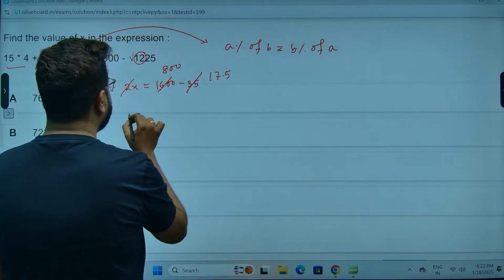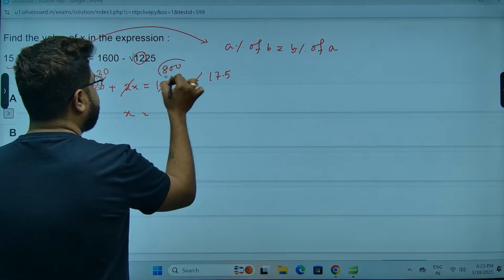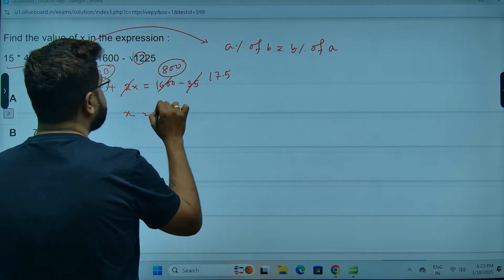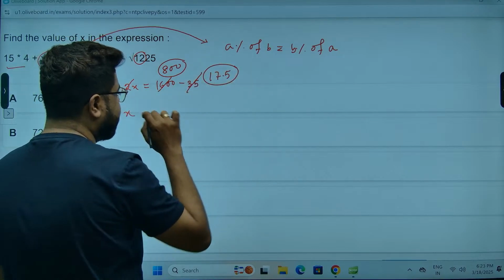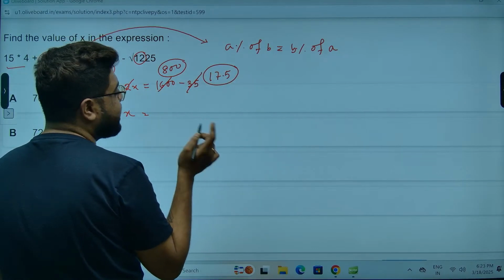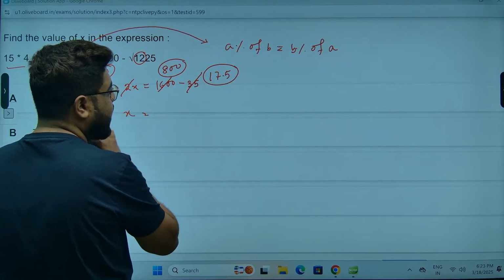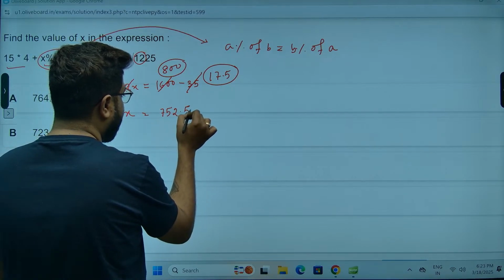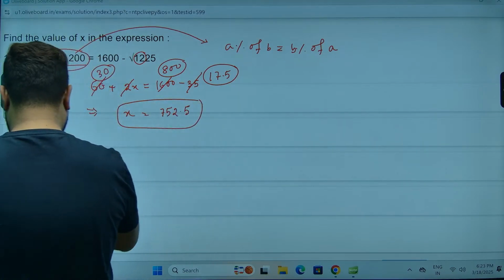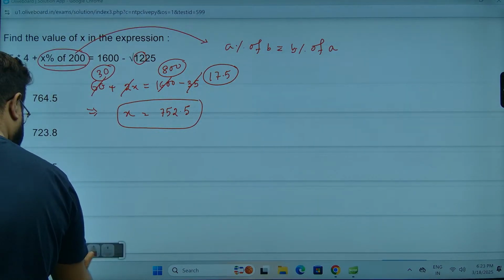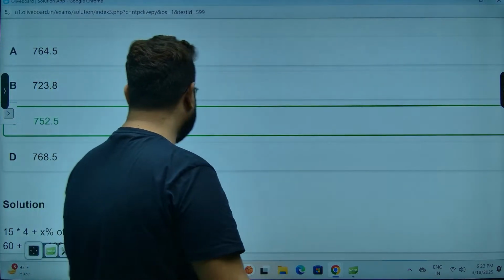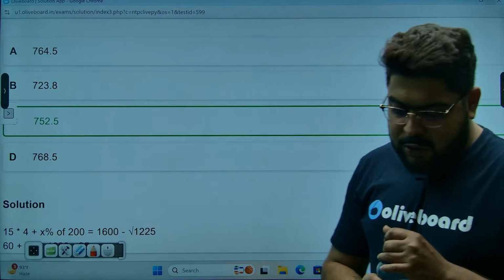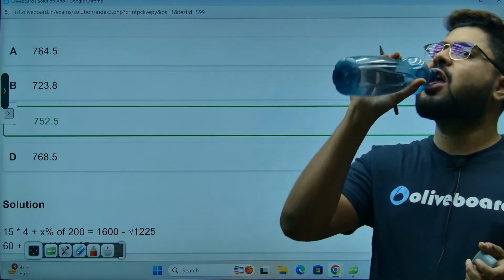So x will be 800 minus 30, meaning 770, then 770 minus 17.5, meaning 752.5. Option C is your correct answer, most definitely.